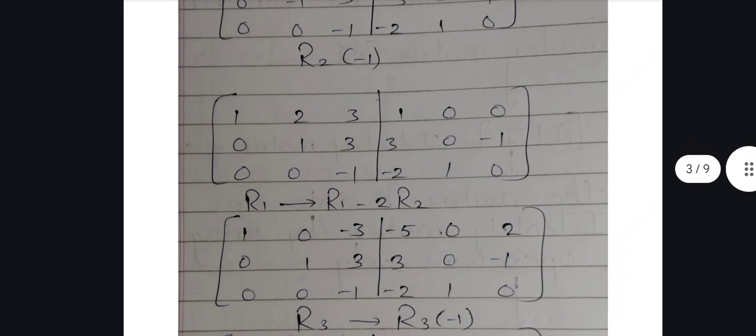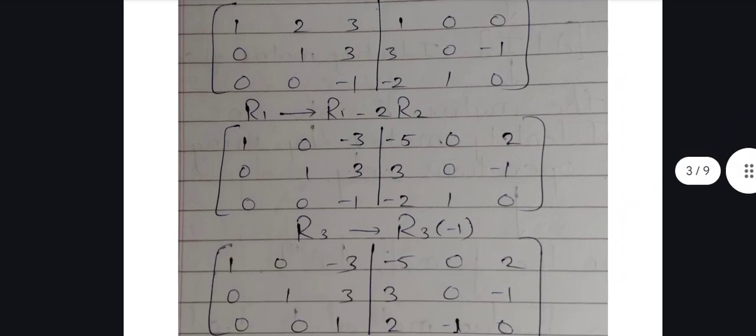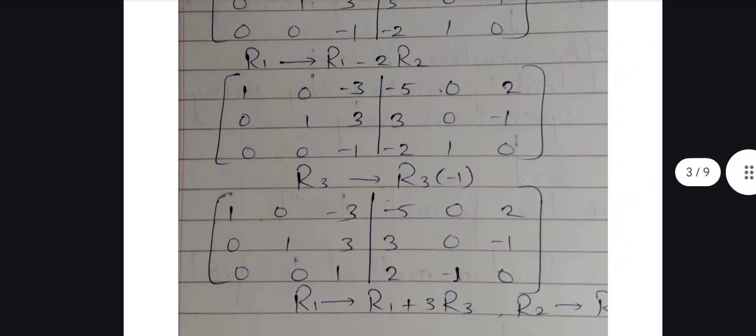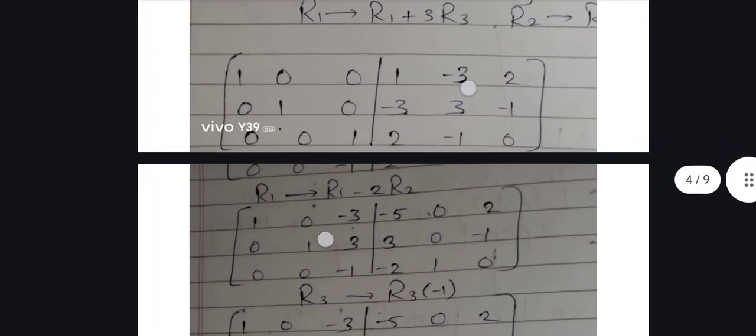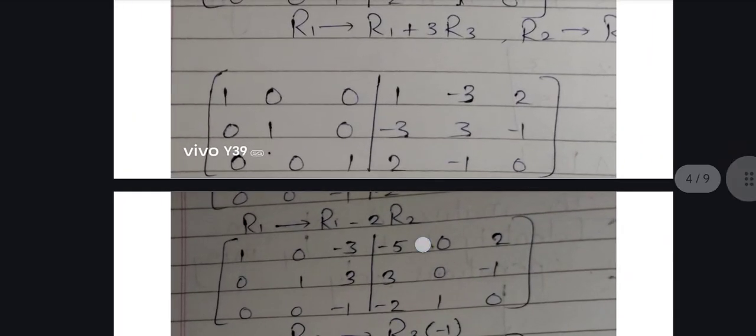We are applying row operations. R1 implies R1 minus 2R2. After that, we have to make the R3 elements 0, so applying R3 into minus 1. After applying the R1 and R2 conditions, we are getting an identity matrix of order 3 by 3.